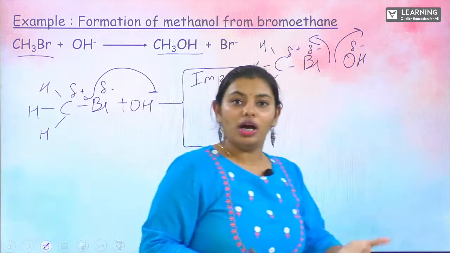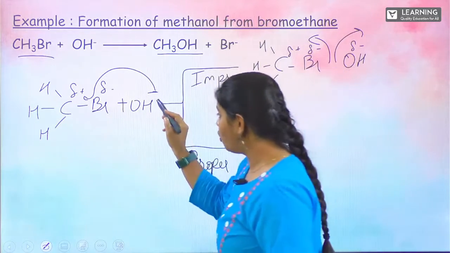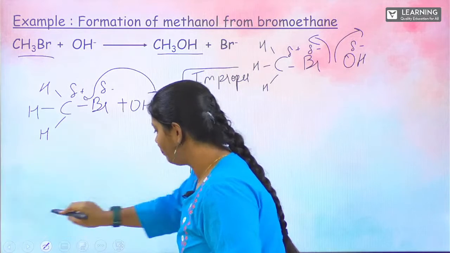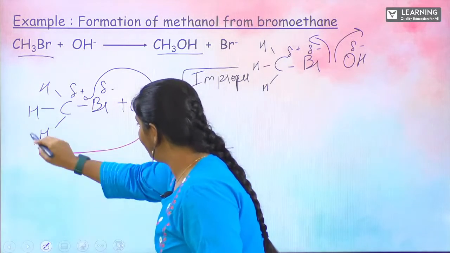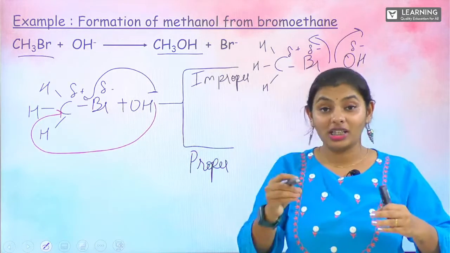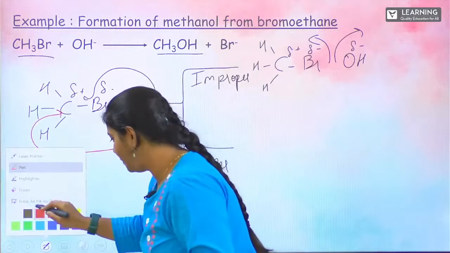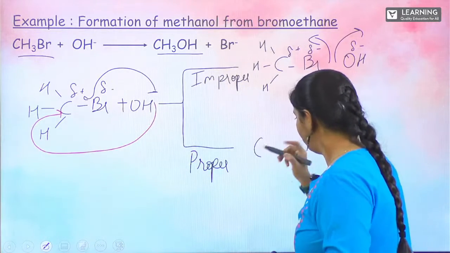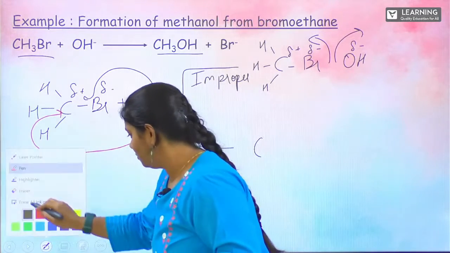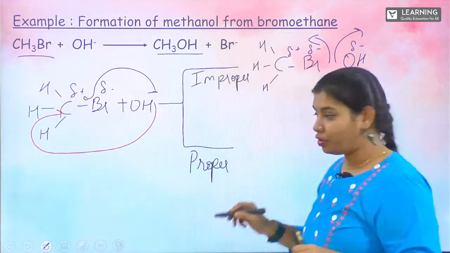But now what the OH is actually going to do is go and attack CH3 plus from behind. When OH tries to attack CH3 plus from behind, what exactly is going to happen here? Here an intermediate is going to be forming.